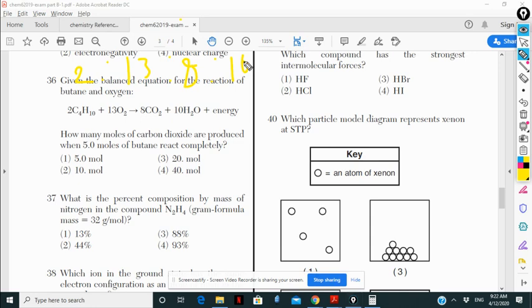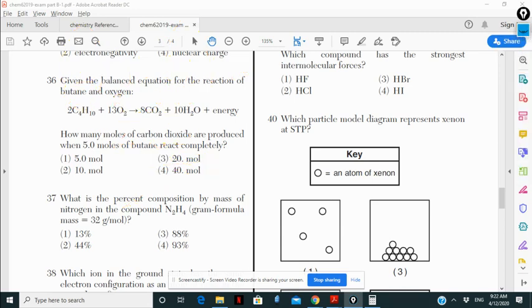He's asking about the carbon dioxide and butane, so the ratio between them is 2 to 8. That's butane and that's carbon dioxide. He said I have 5 butane, so we're multiplying by 4. So the answer is 20 moles. So the answer is going to be number 3.